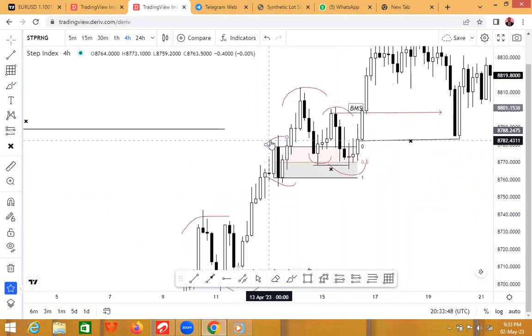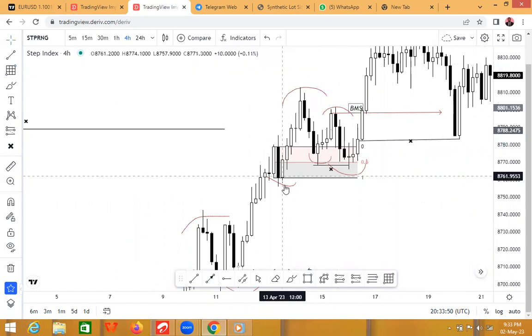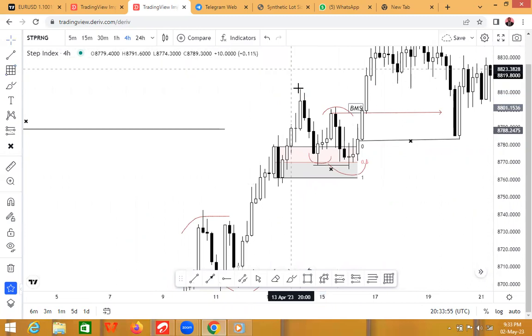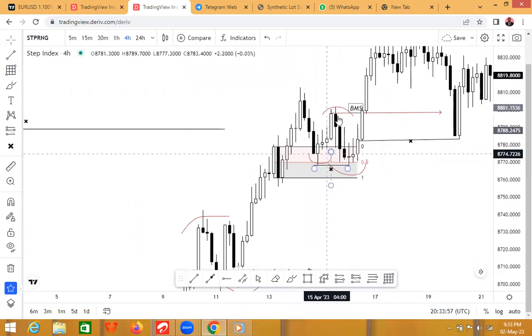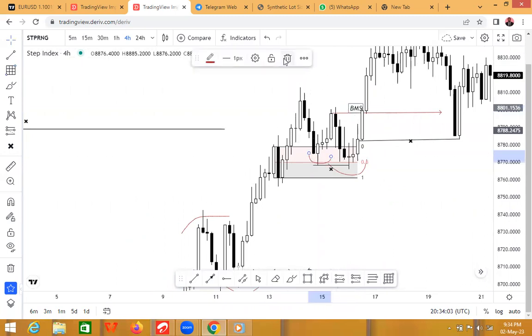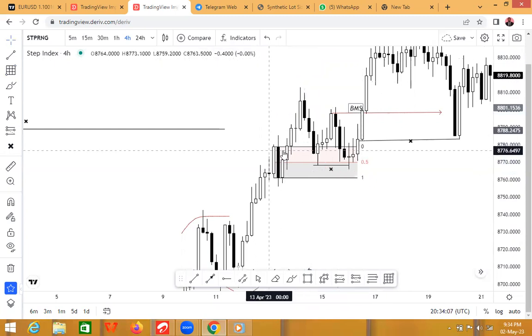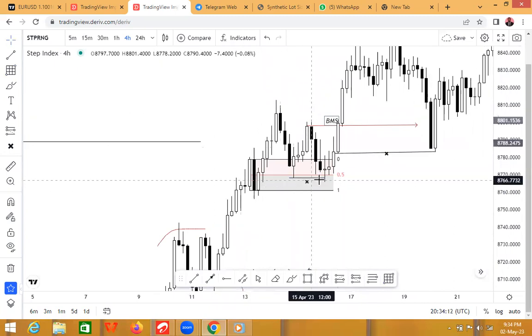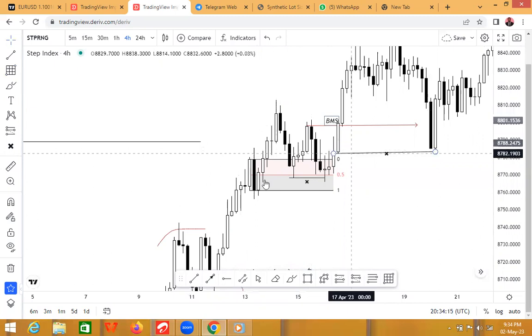But if you're also somebody who was on chart and you watched how price played, you saw how price came back into that candle and gave us our move. This is our formation. We want to see price break structure at that candle. Yes, we know that at this candle price is going to buy because it will come to close their orders here, but we still want to wait for our formation. So price came to it.